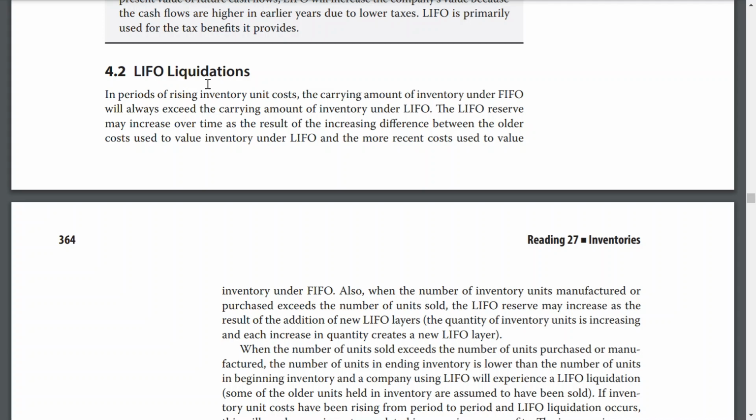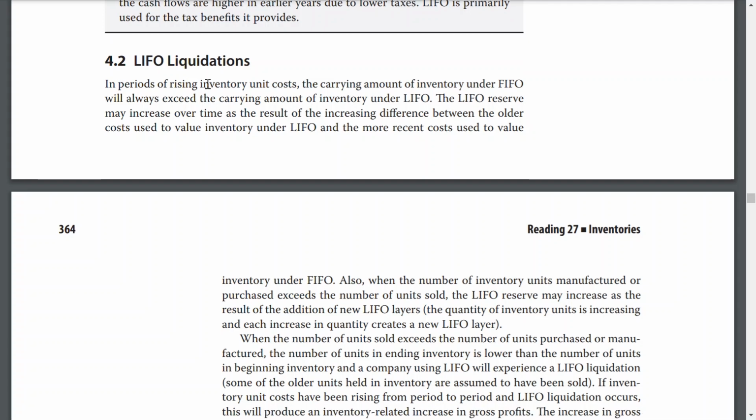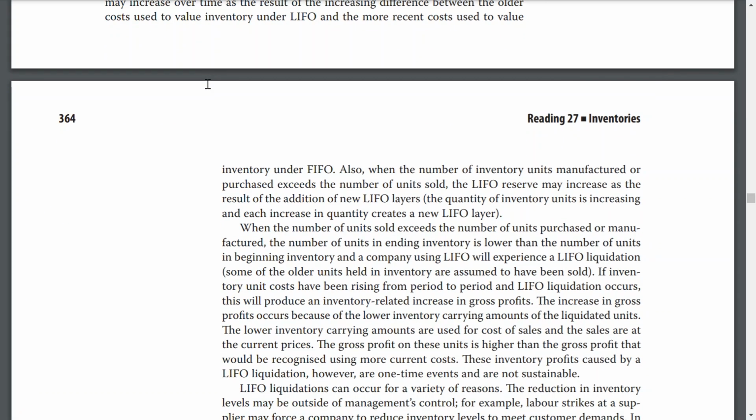Also, when the number of inventory units manufactured or purchased exceeds the number of units sold, the LIFO reserve may increase as a result of additions of new LIFO layers. Each increase in quantity creates a new LIFO layer.